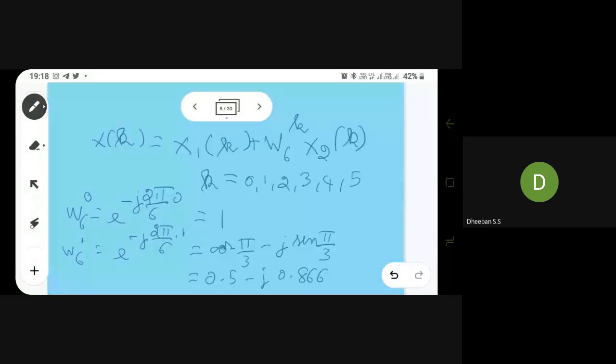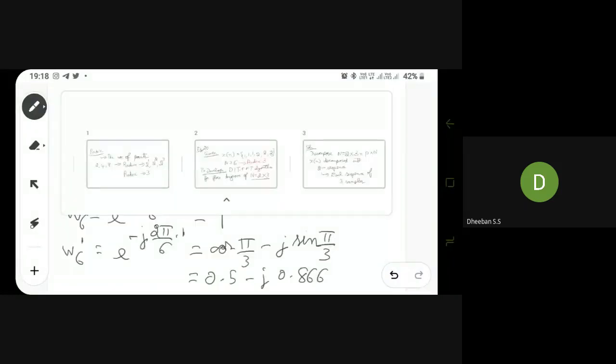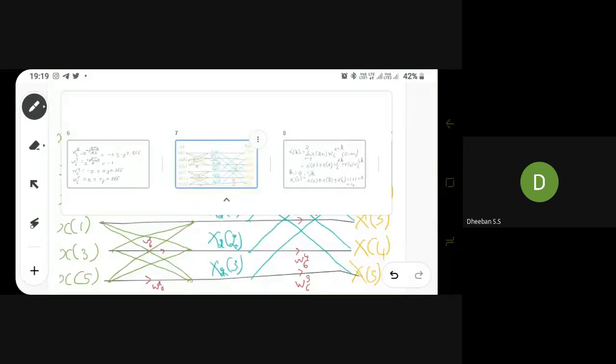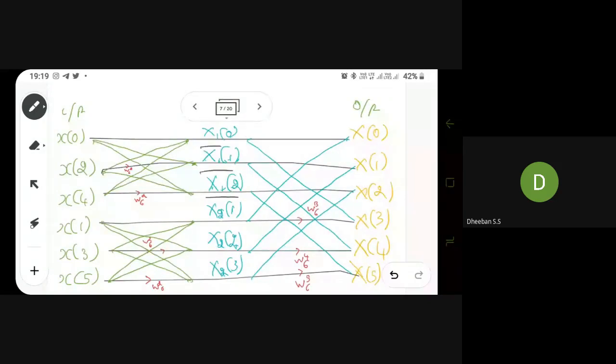So this is how we can formulate. I hope you have understood somewhat the difference between the previous lectures and this lecture. Okay. So I think we can stop this lecture. Thank you.